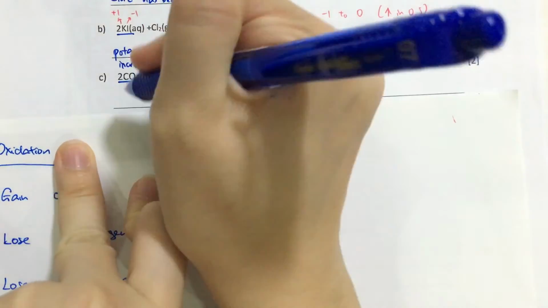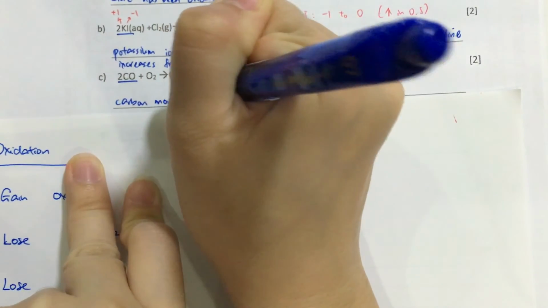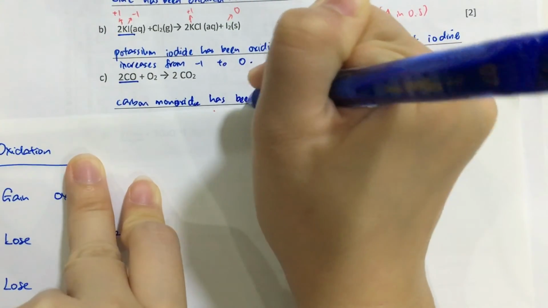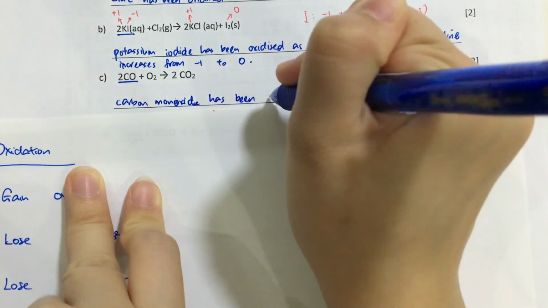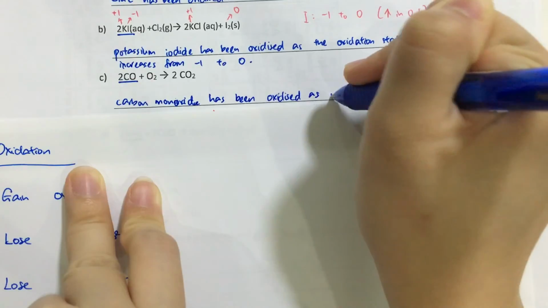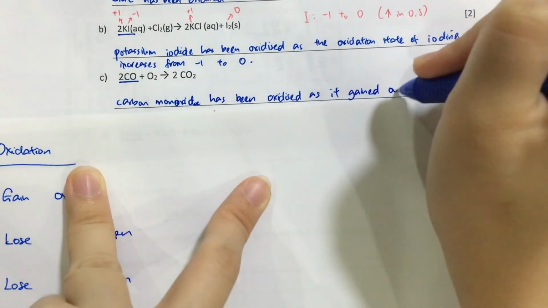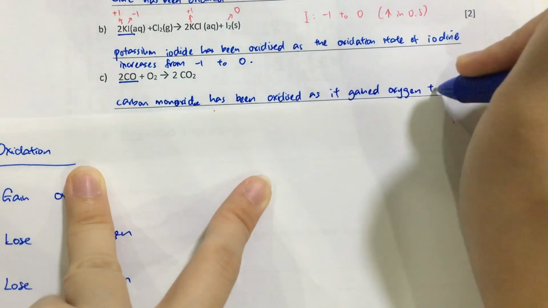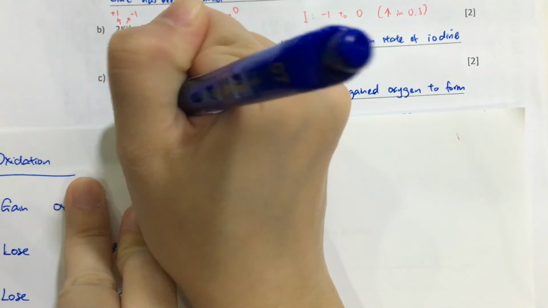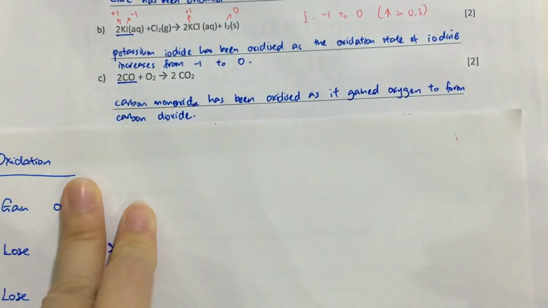Okay, so carbon monoxide has been oxidized as it gained oxygen to form carbon dioxide.